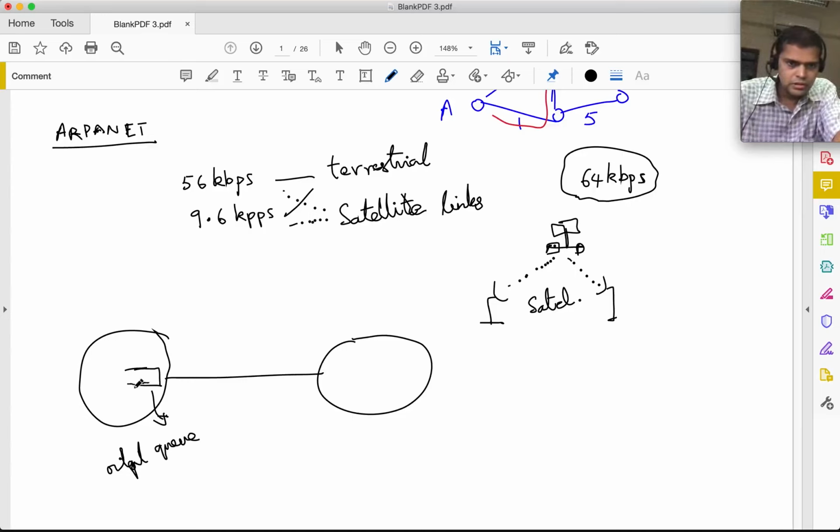So what should the link weights be, because this is just one link in the whole graph, and what sort of weight should I put there? Based on the weight, automatically the shortest paths will be determined and so on.